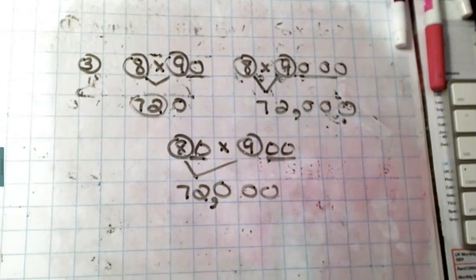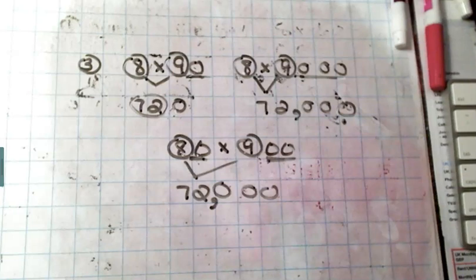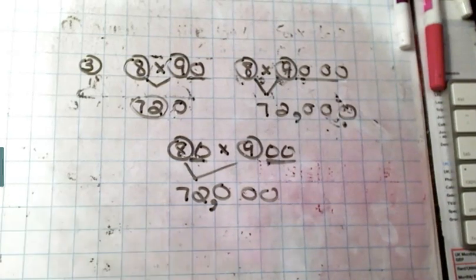All right, so we're going to keep that problem up here because then it's actually to really think about what is the difference in numbers and zeros between 8 times 50 and 8 times 5,000. Well, I noticed we're doing 1 zero here and 3 zeros there. So I'm thinking the numbers should be the same, right? So let's see. I'm going to do it in a different color.